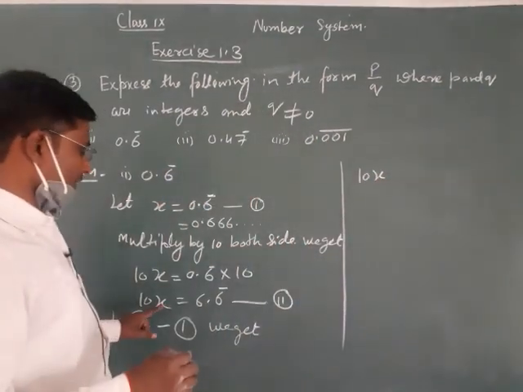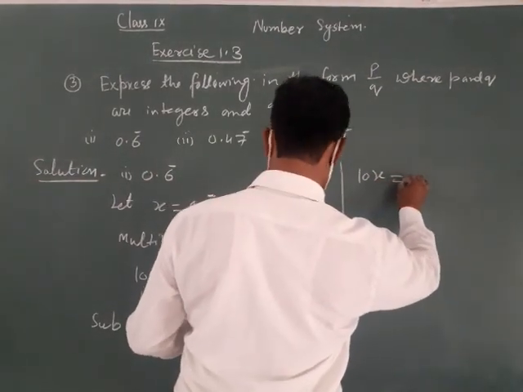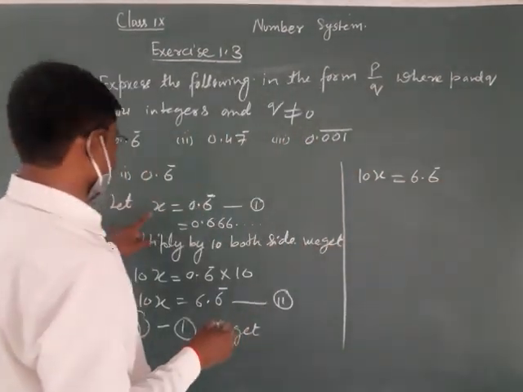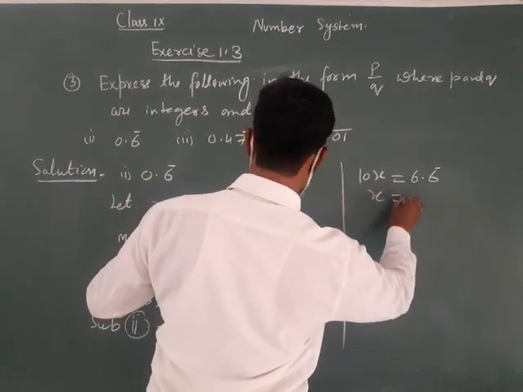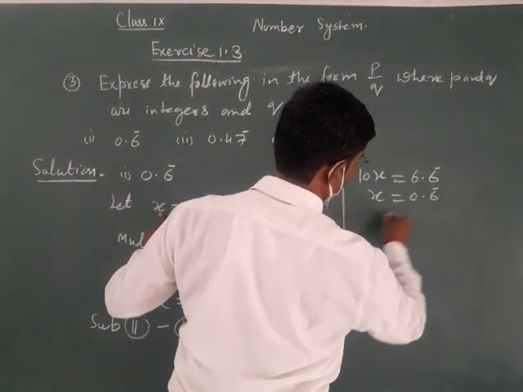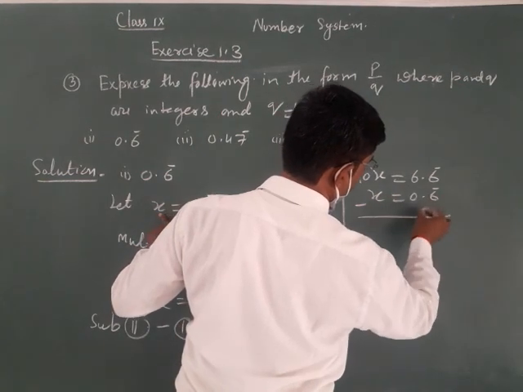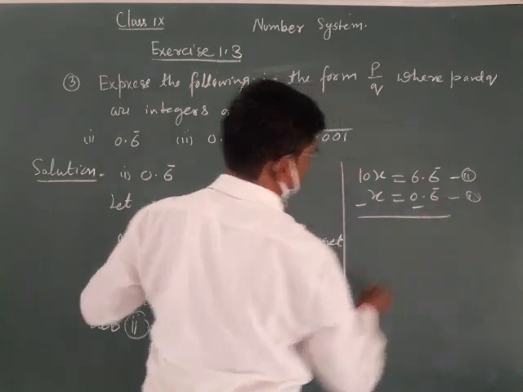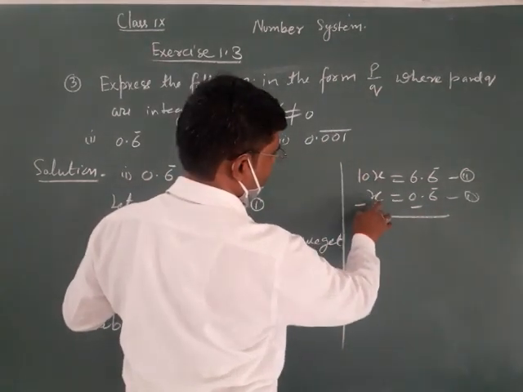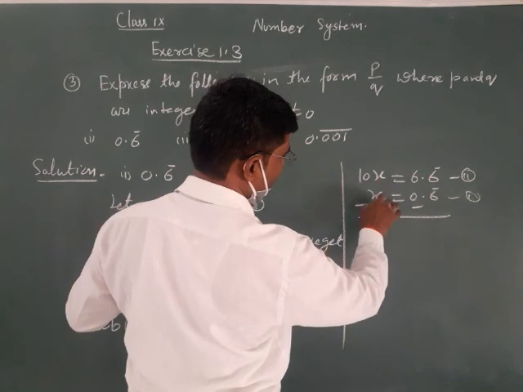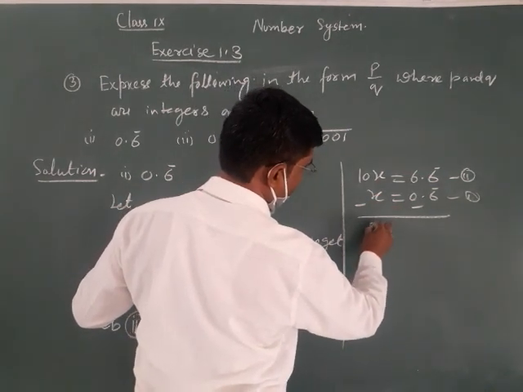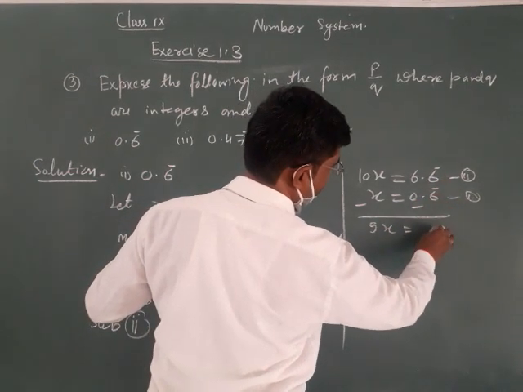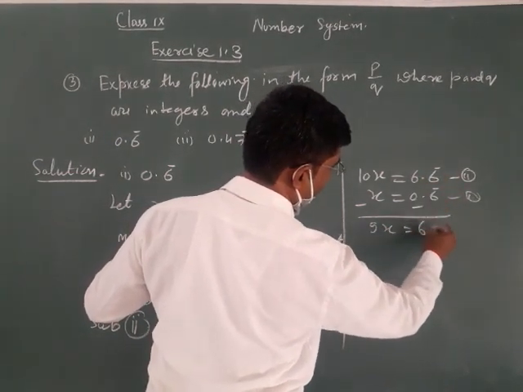10x is equal to 6.6 bar, and the first equation x is equal to 0.6 bar. Now subtracting these equations, second and first, we get 10x minus 1x gives 9x, and 6 bar minus 6 bar becomes 0, and 6 is written down.